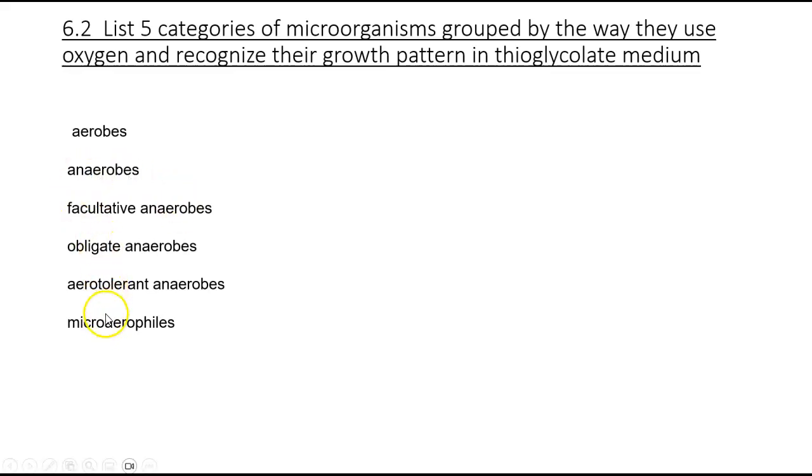These last two, people get them kind of mixed up, confused, but look at the words. The words tell you what they are. Anaerobe means it doesn't use oxygen. Aerotolerant: aero is referring to oxygen. An oxygen tolerant anaerobe. Remember, an anaerobe is going to grow without oxygen.